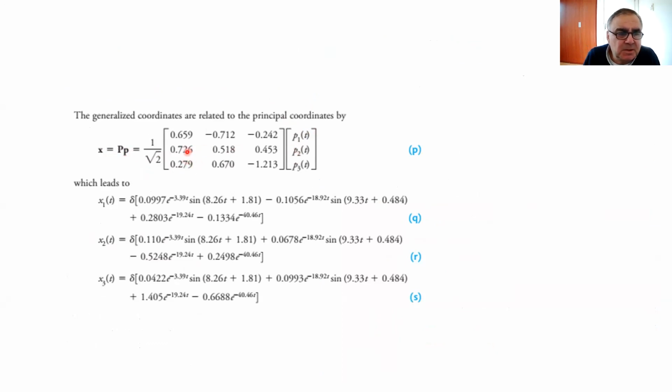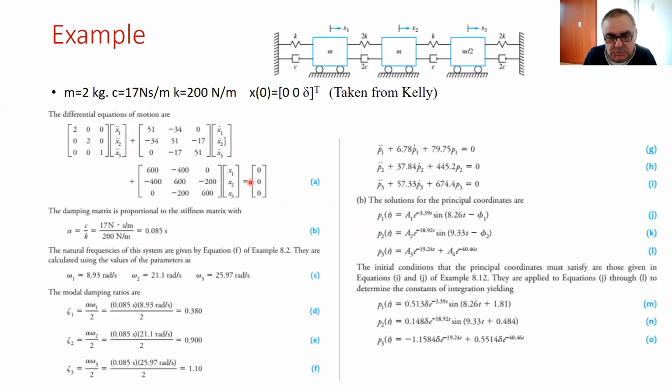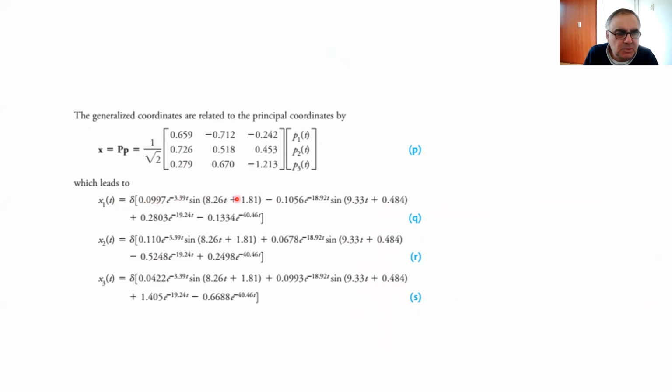So if you multiply this, your P matrix times your p terms, which are these ones, you get the following complicated looking solution for x1, x2, and x3, in which the response eventually goes to 0 and dies out. You can plot this using a software or something. Okay.